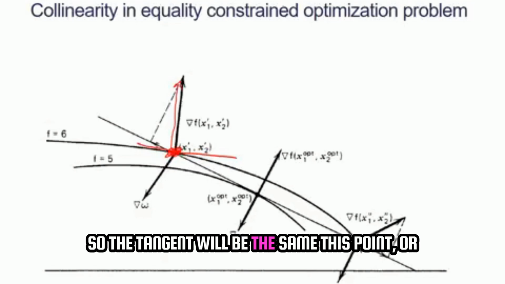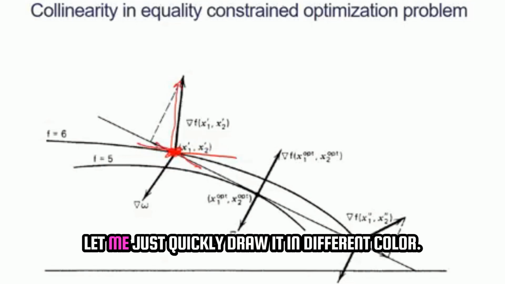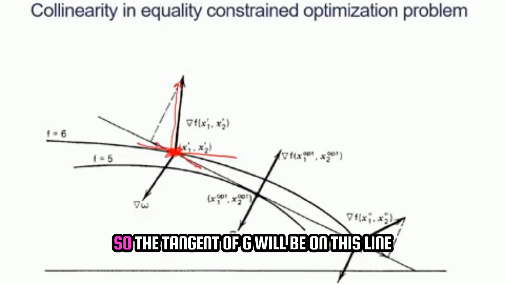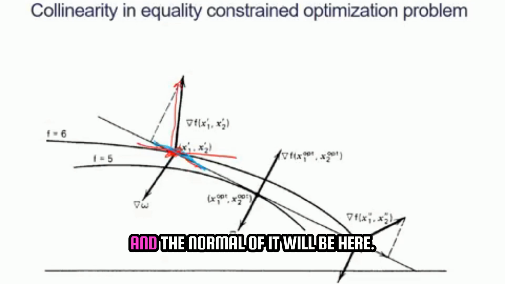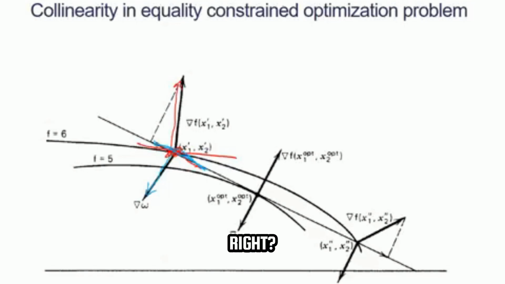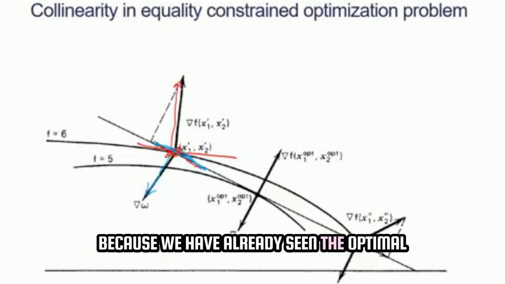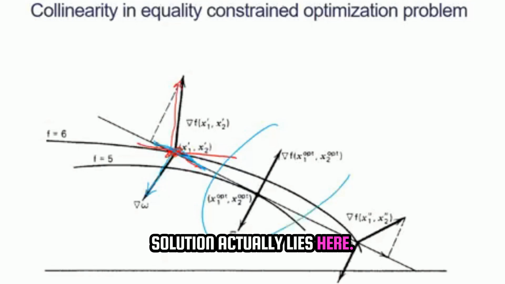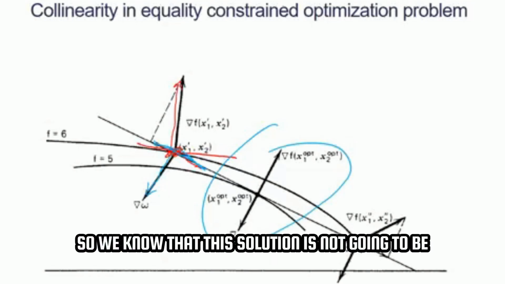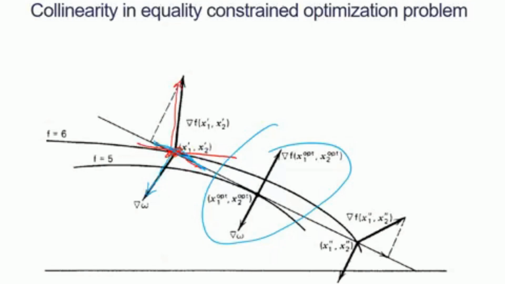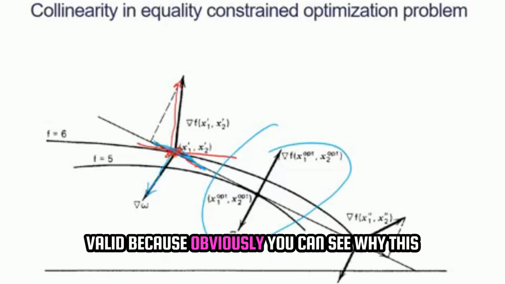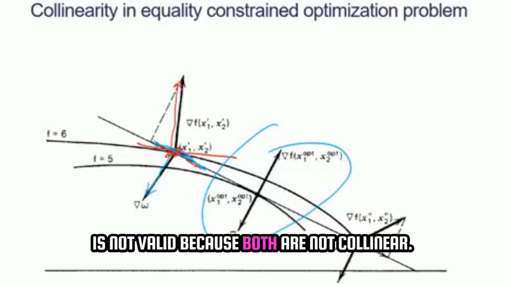Let me quickly draw it in a different color. The tangent of gx will be on this line, and the normal of it will be here, right? Because we have already seen the optimal solution actually lies here, we know that this solution is not going to be valid, because obviously both are not collinear.